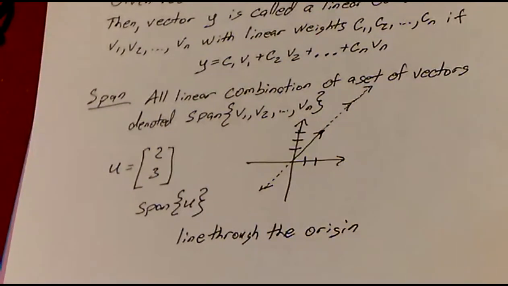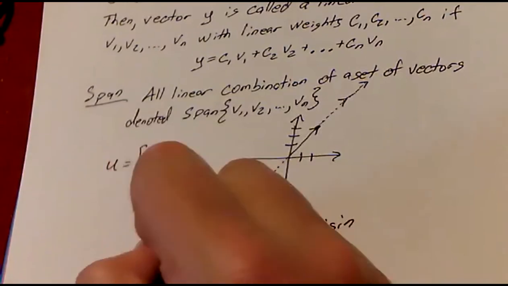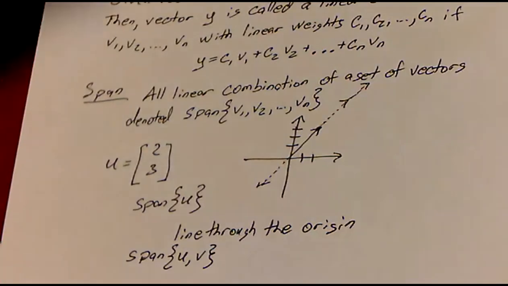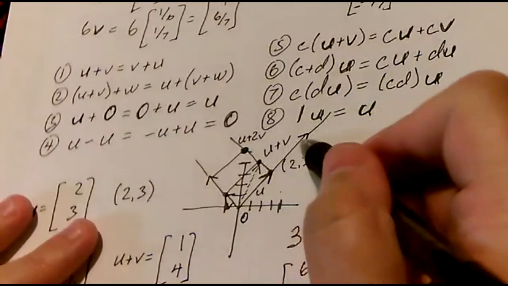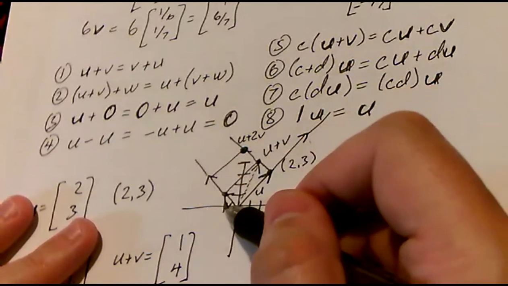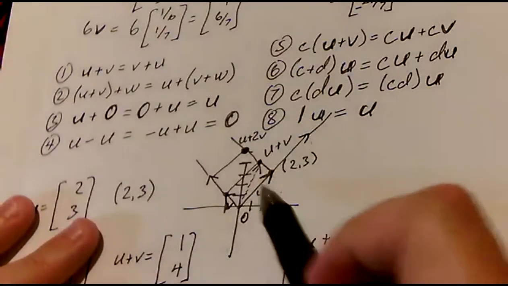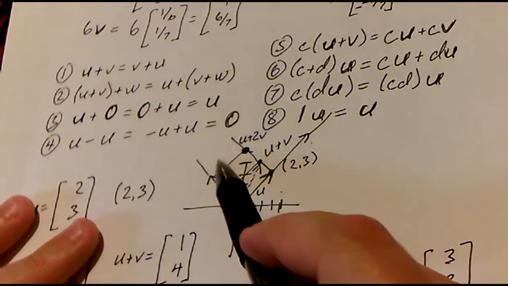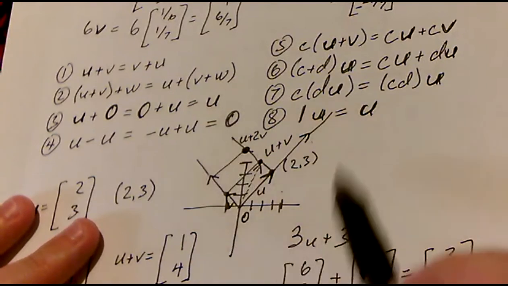Well, let's expand our horizons. Let's make it the span of u and v. I come back to that picture I drew before. The span of u and v is all of these combinations together. It's this line, it's also this line coming out the other side, and it's all the ones in between, including fractional ones. So the span of all of these is this whole plane.